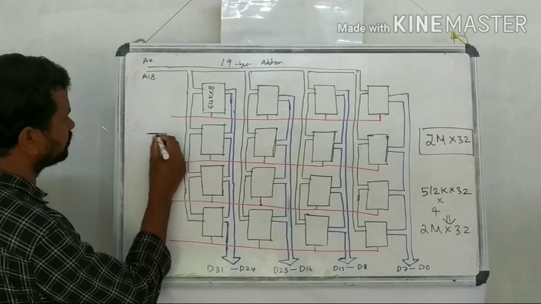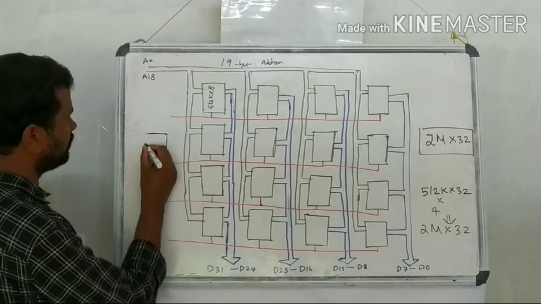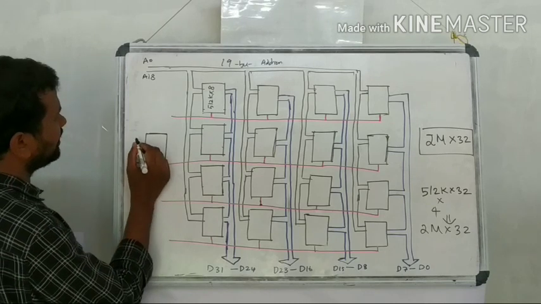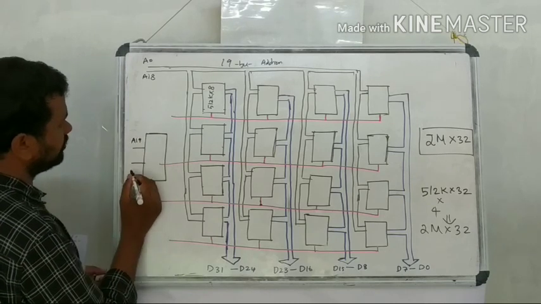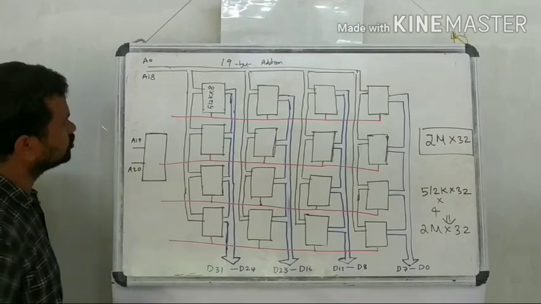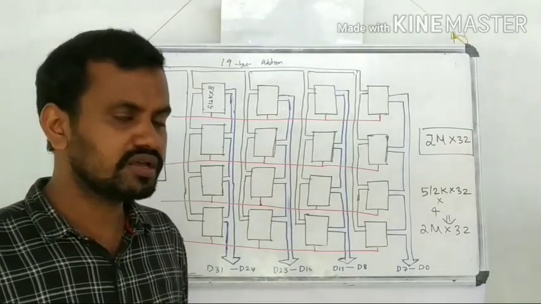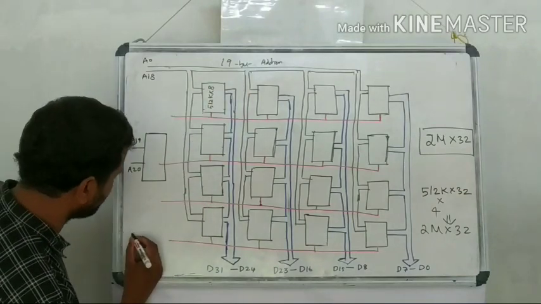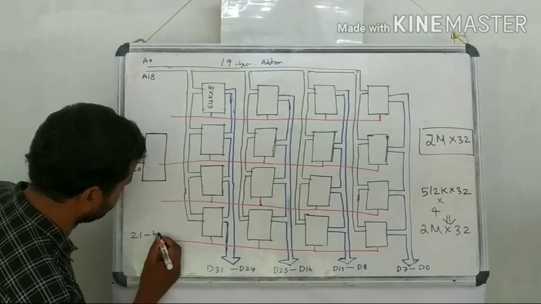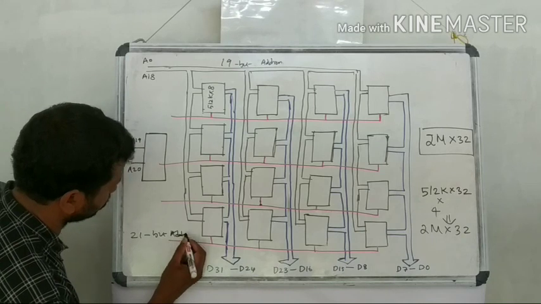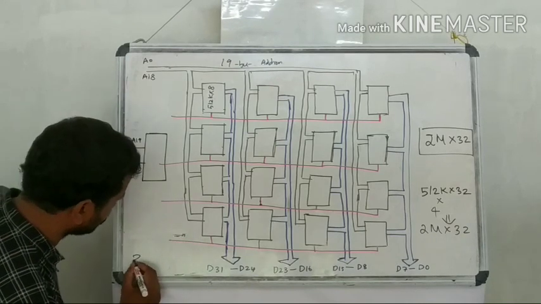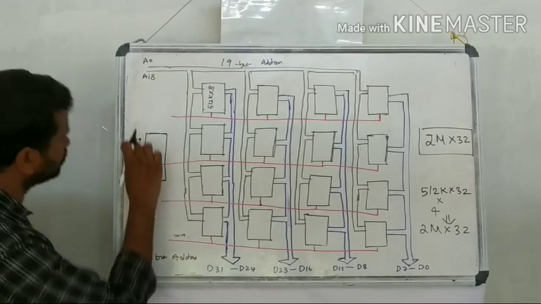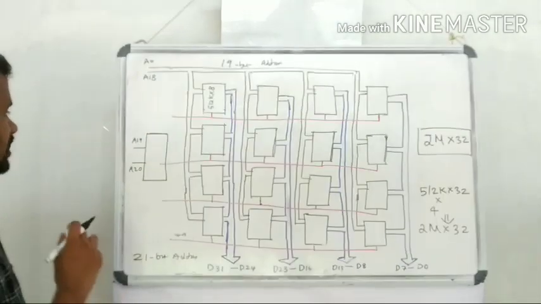We will use a 2-bit decoder for that purpose, and two more address lines, A19 and A20, are used for this. So in total we need a 21-bit address, including these two bits, A19 and A20.